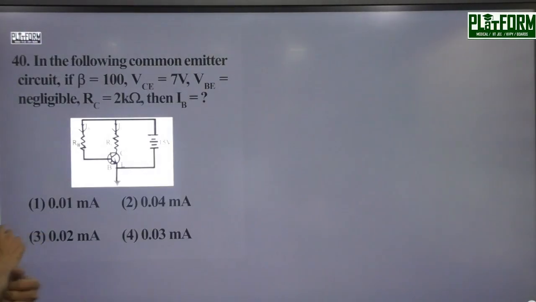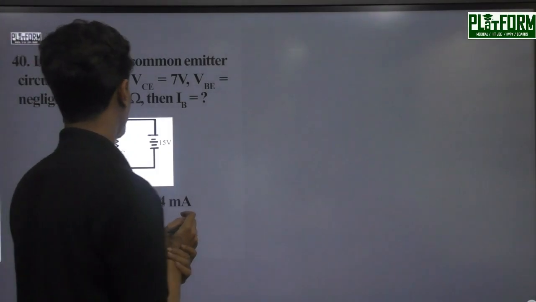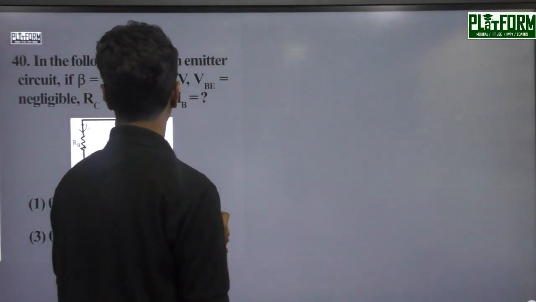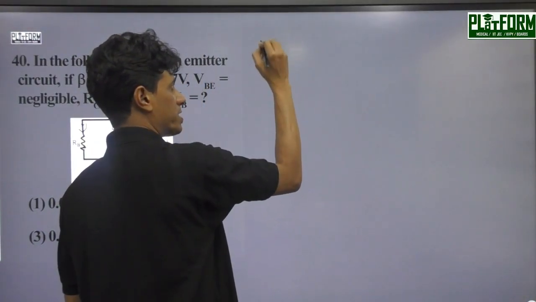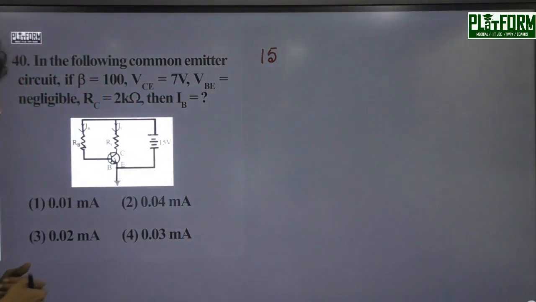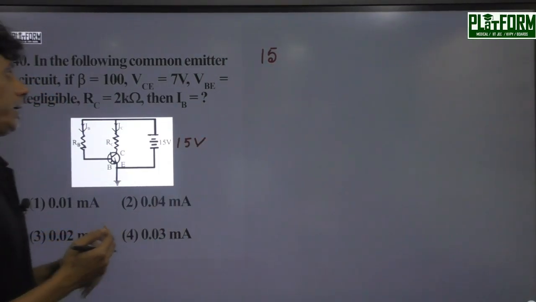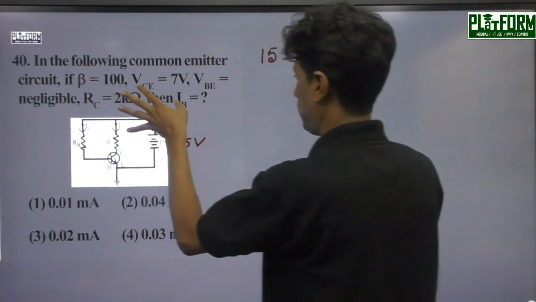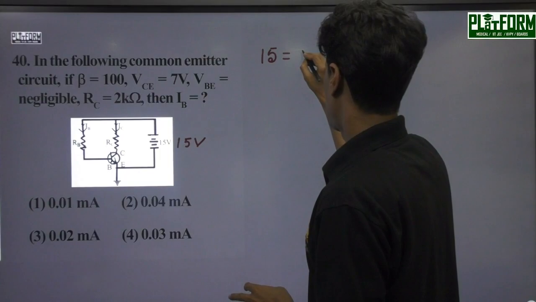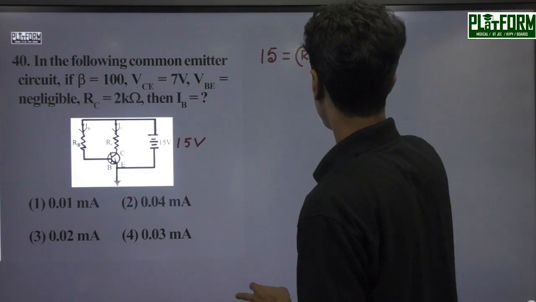Next problem. In the following common emitter circuit, beta is 100 and VCE is 7 volt. The biasing voltage in the output circuit of the transistor is given as 15 volt, and this 15 volt drops at the external resistance RC, and the current through this is IC.